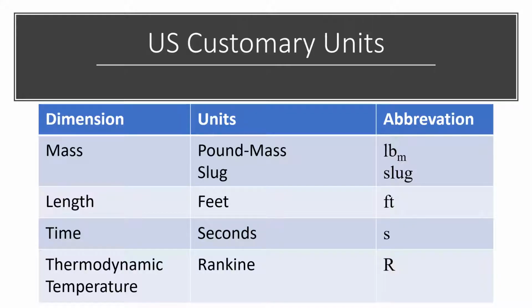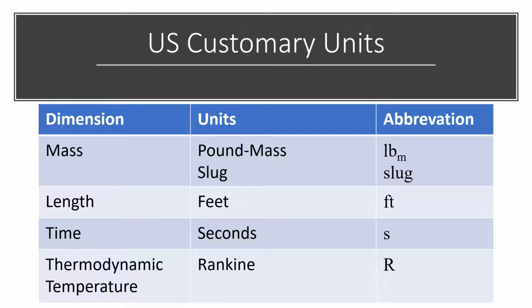All right, so what are the conventional US customary units? For mass, there's really two types of units. There's one called a pound mass. If you had an object that has the property of 1 pound mass on Earth, then it's going to apply a force.